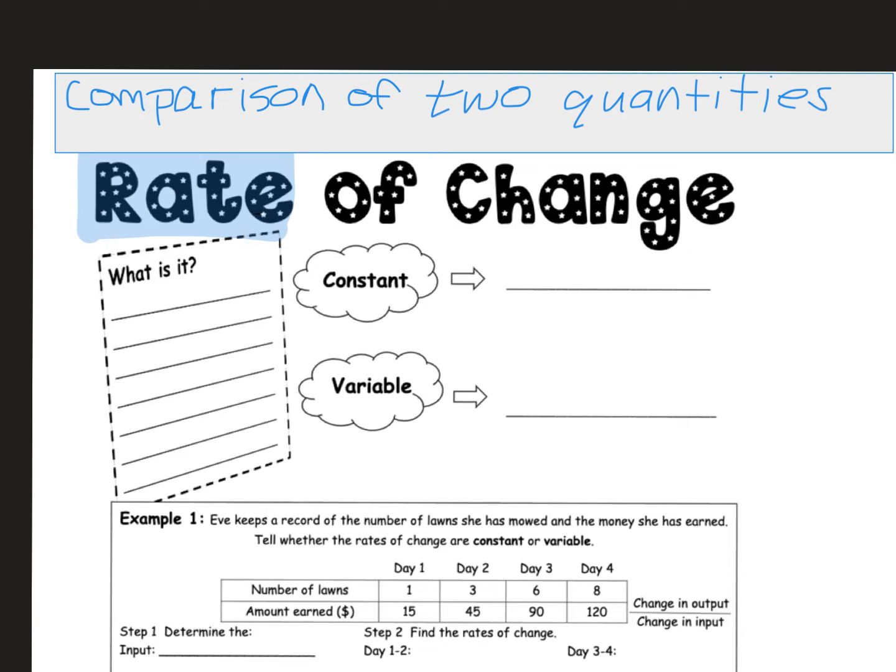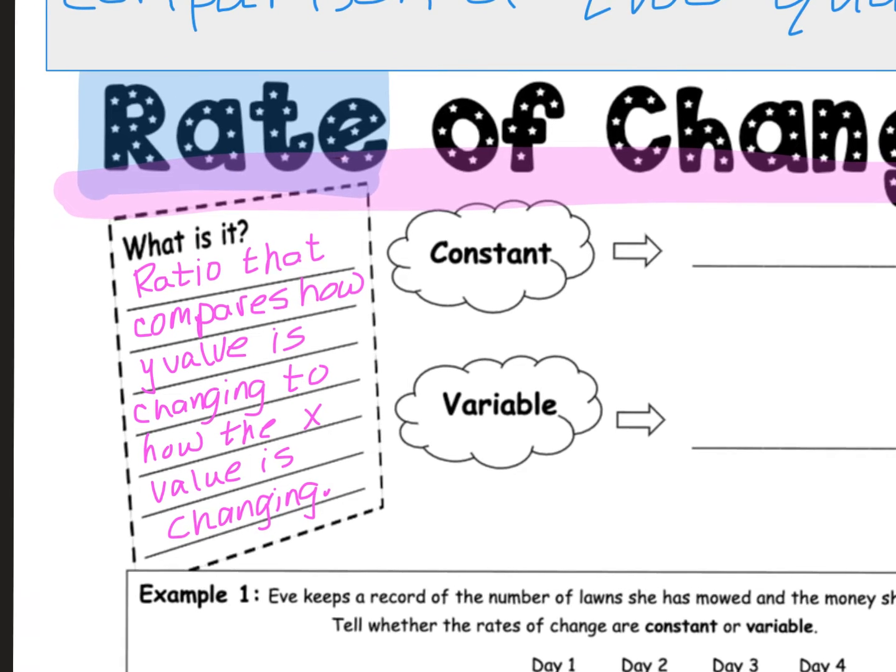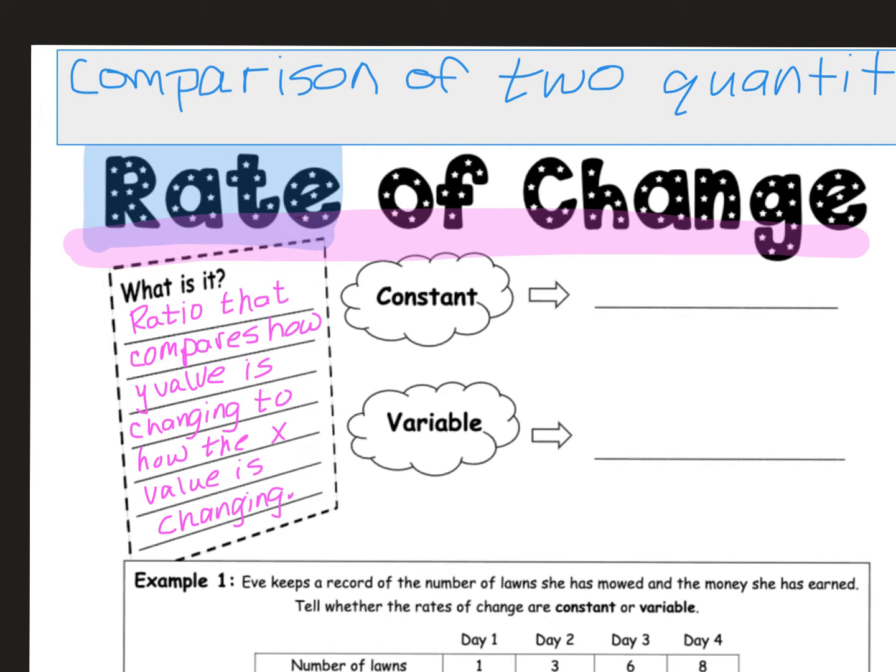And a rate is a special type of ratio. That's probably a word that you remember from your previous years also, that a ratio is just comparing two values. So a rate of change is a ratio that compares how your y value is changing to how your x value is changing.